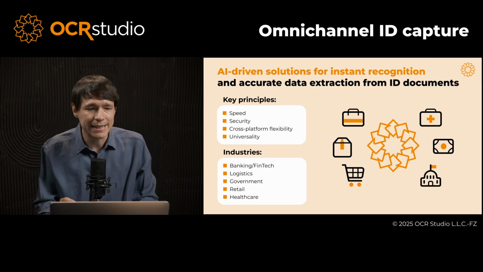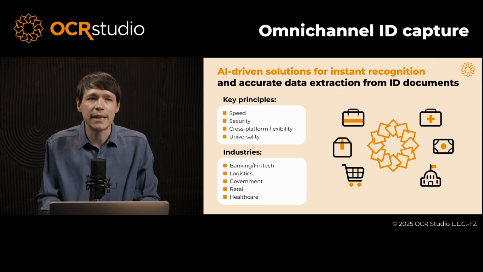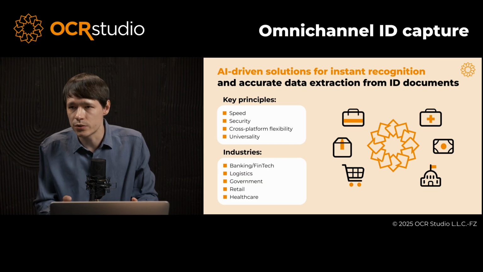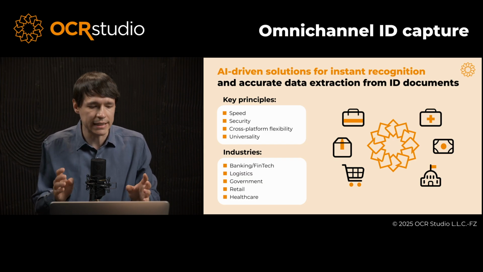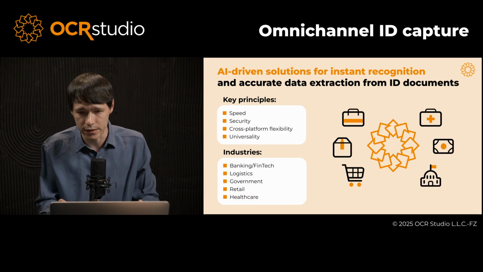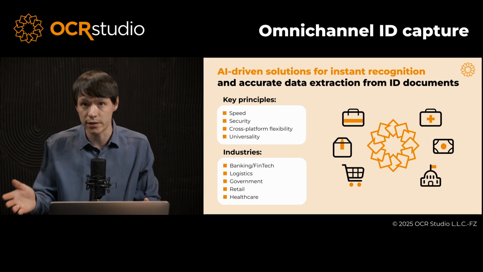When we build our solutions, we align these solutions with our main principles. So, firstly, the scanning should not only be accurate, which is obvious, it also should be quick. It cannot involve any unnecessary transmission of information. We have to maintain the highest possible level of data security, especially when dealing with identity documents.